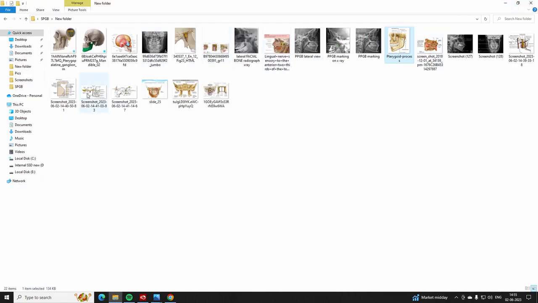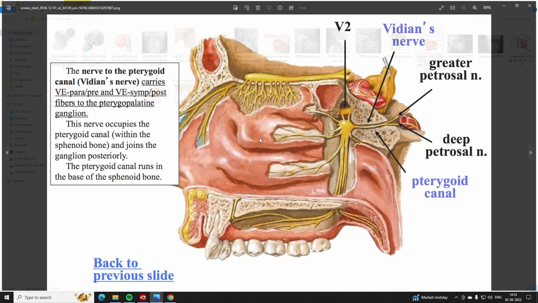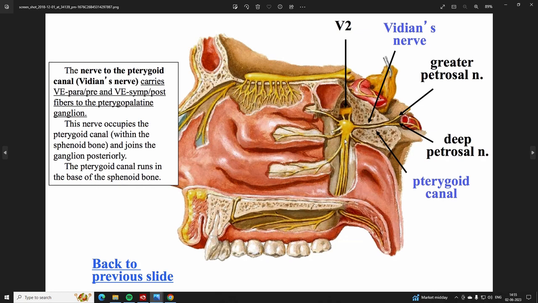Here you can see this is the body of the sphenoid, and this small foramen is actually the pterygoid canal. The pterygoid canal is starting from the foramen lacerum. You can see here the internal carotid artery, how this part is cut actually.